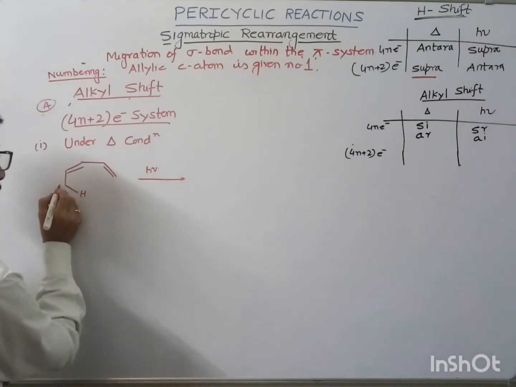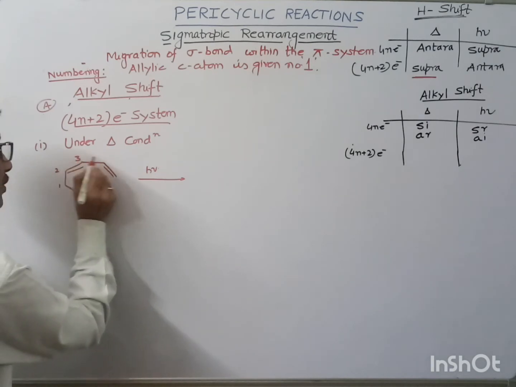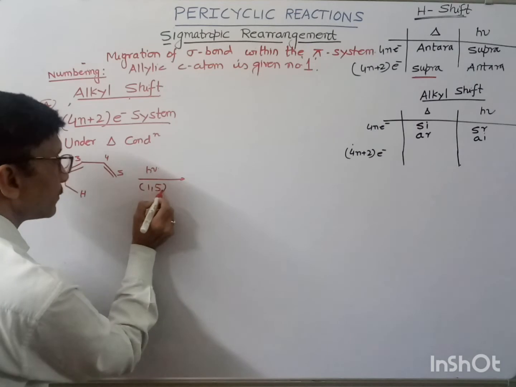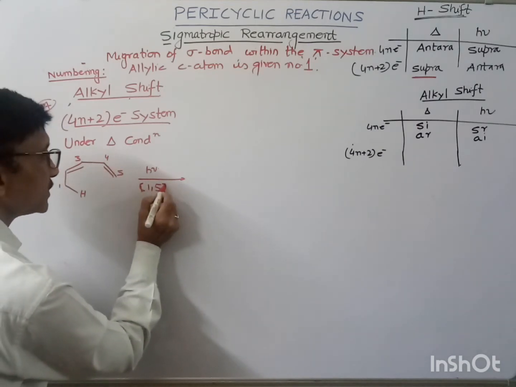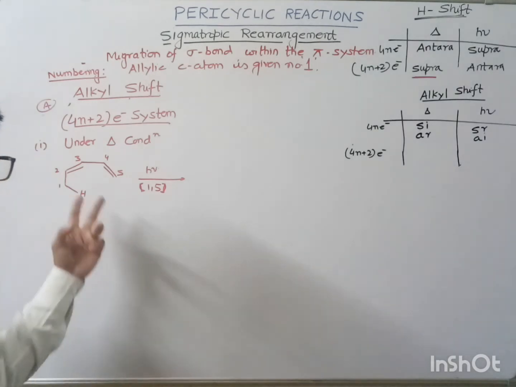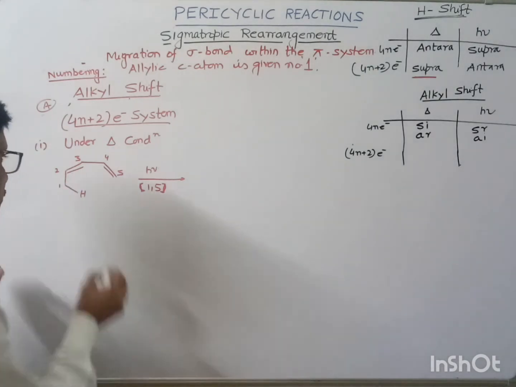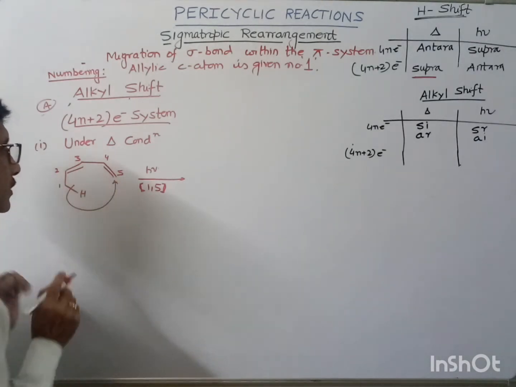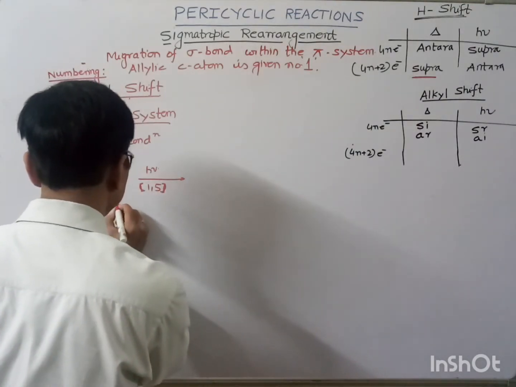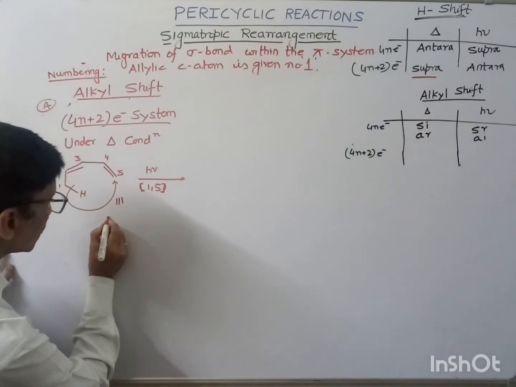This is given as 1, 2, 3, 4, 5, and the 1,5 shift is an example of a 4n plus 2 electron system. Six electrons are involved in this reaction, and this bond may go over here. So we may show it in another way.